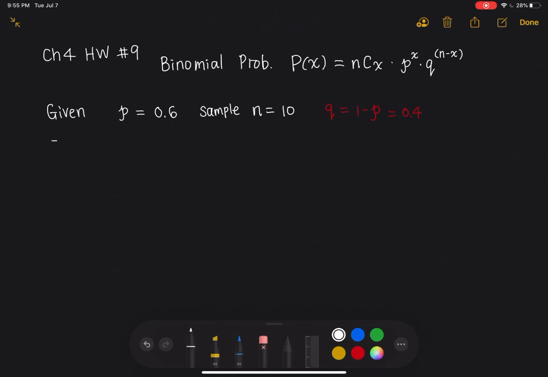So the question is asking us to find the probability that 6 adults in the sample will say they prefer saving over spending. So use the formula. n equals 10, choose x equals 6, times p is 0.6, raised to the x power, which is 6, times 0.4 raised to 10 minus 6 power.